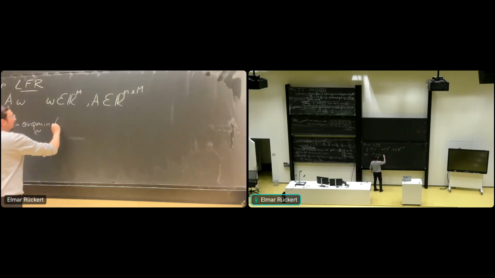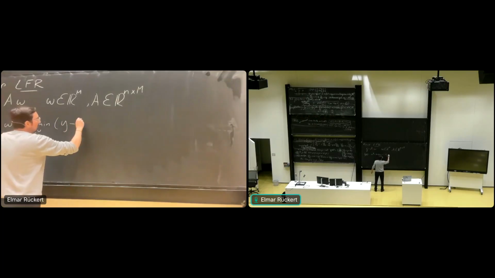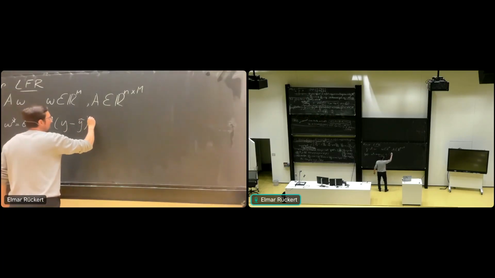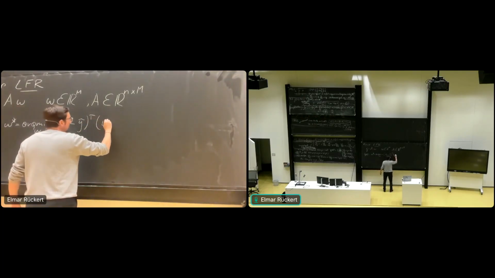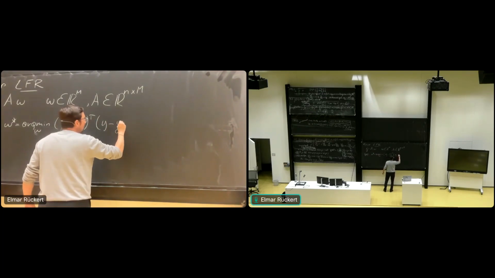Our goal is to compute the optimal parameter W, which can be described as the argmin function over all W's. And you remember we dropped the underline because all things are vectors now. And we said, okay, we would like to minimize the quadratic error of our prediction to our true values.